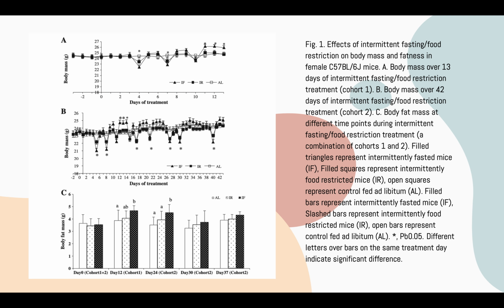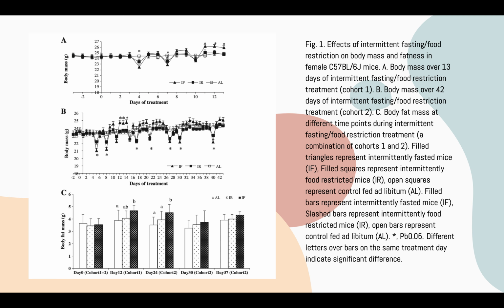Graph B represents the body mass over the 42-day fast or the food restriction treatment. And it just shows that there's more going on. But through the whole graph, I want to point out that most of the time, the mice that had the triangles, the mice that were going through the intermittent fasting, had the lowest body mass, and they had the most significant difference on most of the days, while on the other days, most likely they were above.